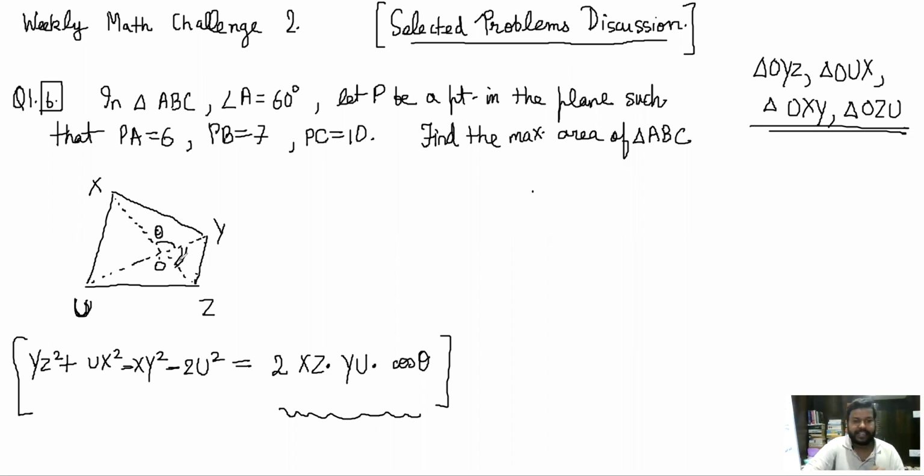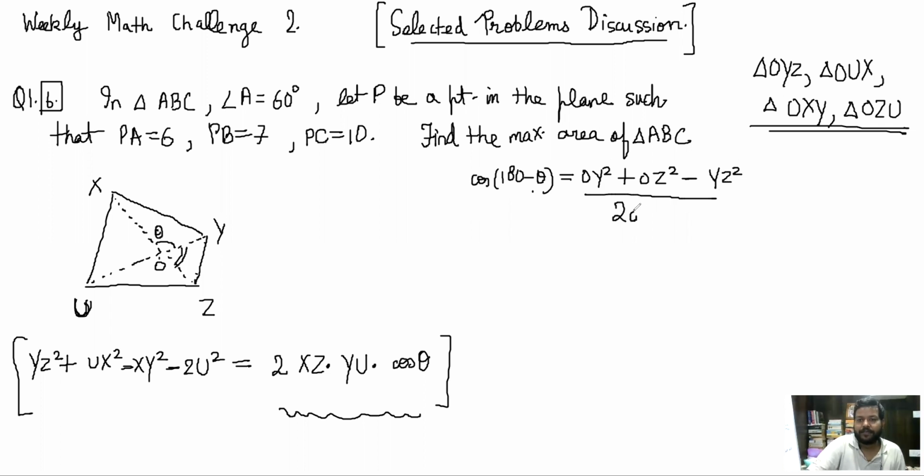So cos of 180 minus theta would be (OY square plus OZ square minus YZ square) by 2 times OY into OZ, right? Now this result, cos of 180 minus theta, becomes minus cos theta.